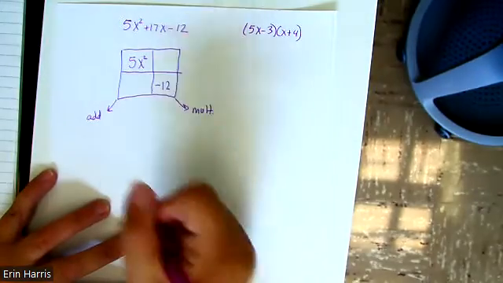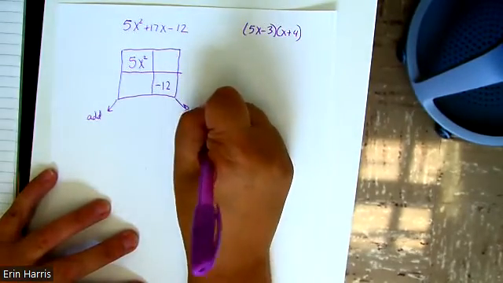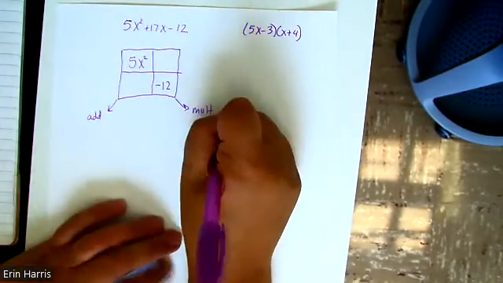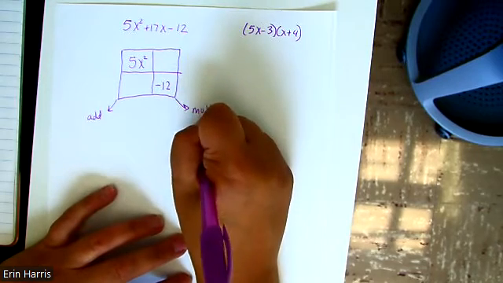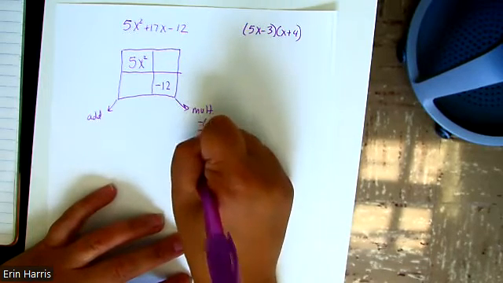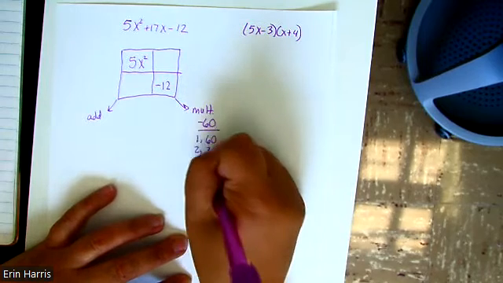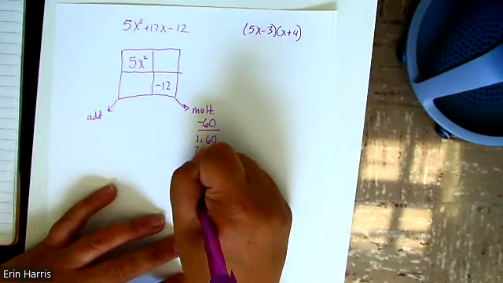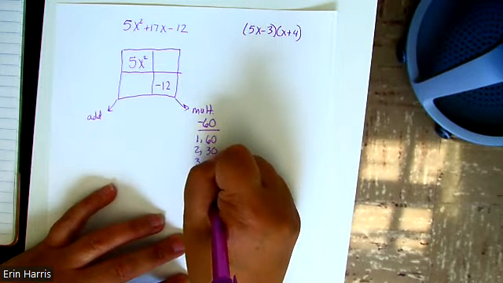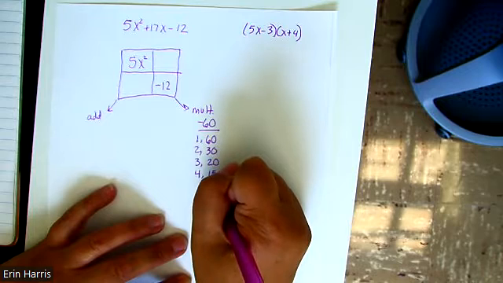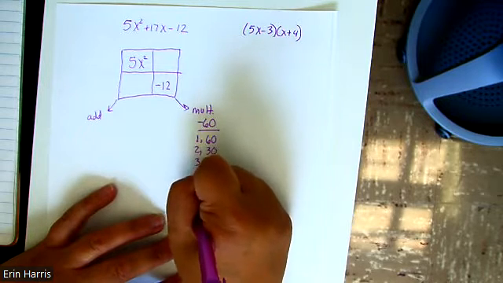Okay, so when I multiply this way, I get negative 60. So 60's got a lot of factors here. 2 and 30, and I need to get positive 17, 3 and 20, 4 and 15, right? Gives me 60, 5 and 12.